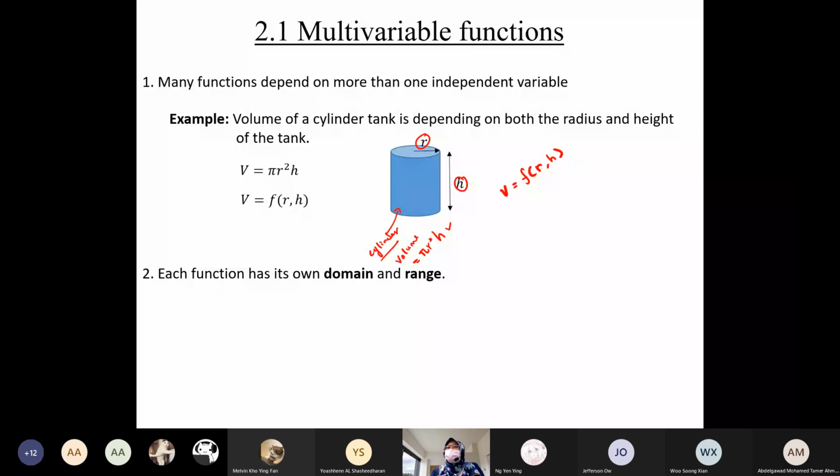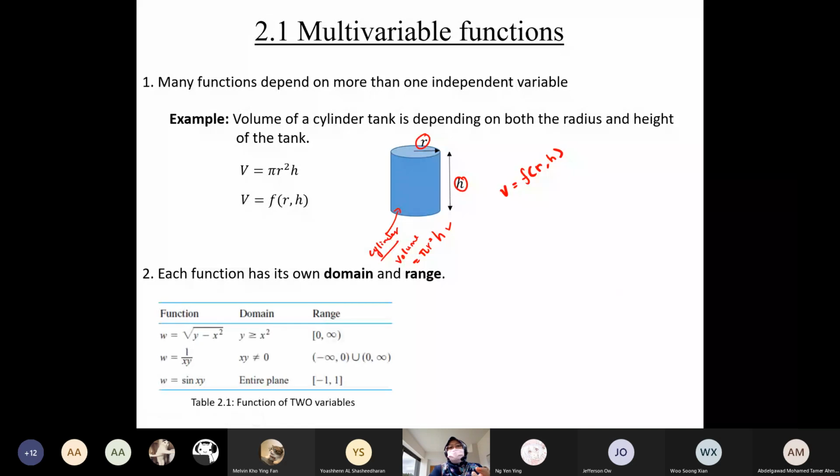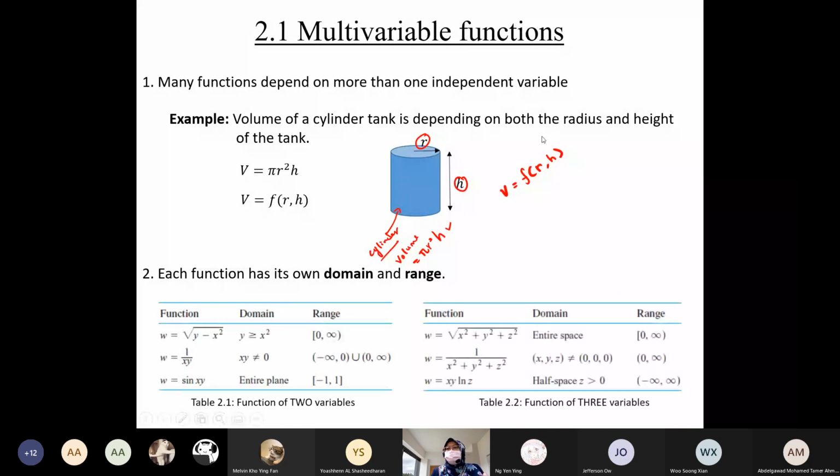Each function has its own domain and range. So what is domain, what is range? For example, here the function w depends on these two variables, which are x and y. How can we determine which one is the domain and which one is the range?